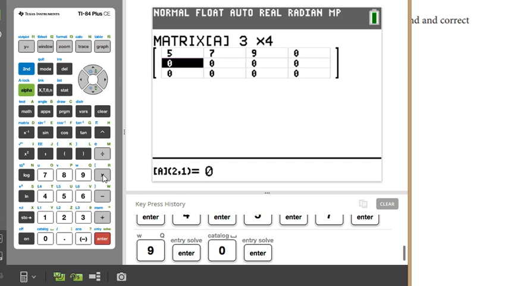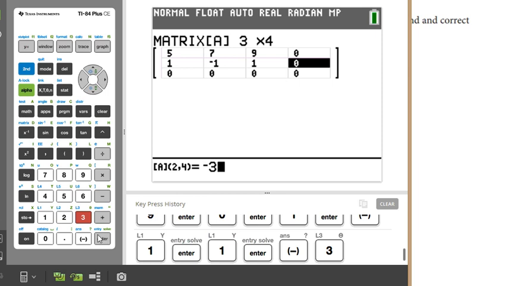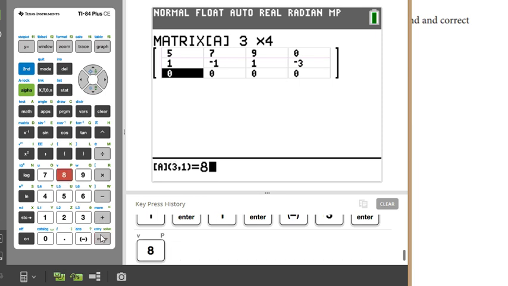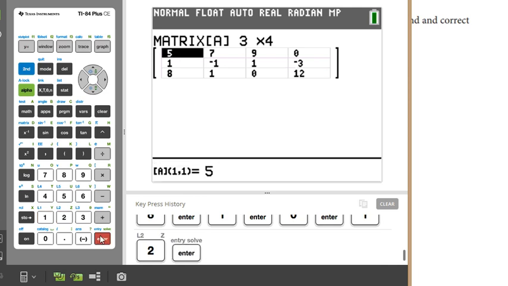It just takes you through the matrix here. 1, enter, -1, enter, 1, enter, -3, enter, and finally 8, enter, 1, enter, 0, enter, 12, enter. And so we have all these entered here.